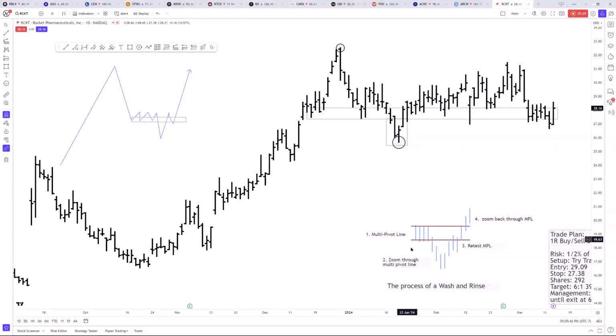You know, step three, price comes back and retests that first multi-pivot line, MPL. Now, the reason I call it a process is because a process isn't complete until it's completed the process. At this point, price can very well go down here and it won't be a wash and rinse.